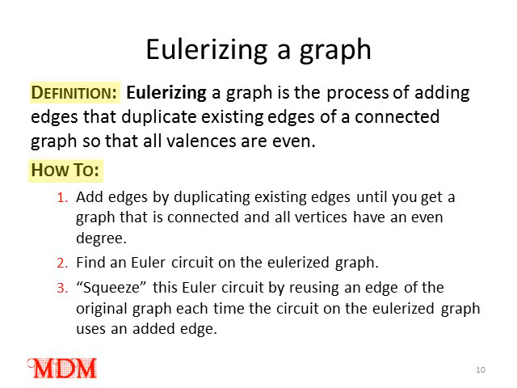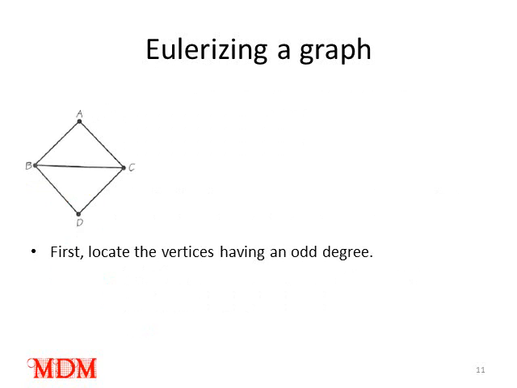And then we're going to squeeze this Euler circuit by reusing an edge of the original graph each time the circuit on the Eulerized graph uses an added edge. Now, our next example is going to help us make sense of these how-tos and definitions. So, let's go through that process of Eulerizing a graph.